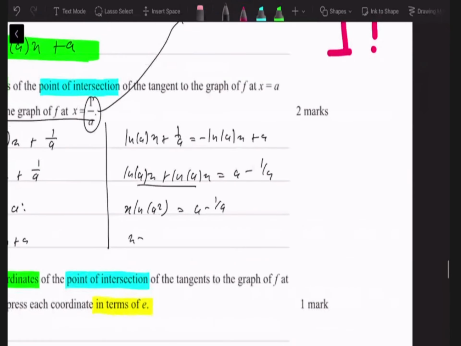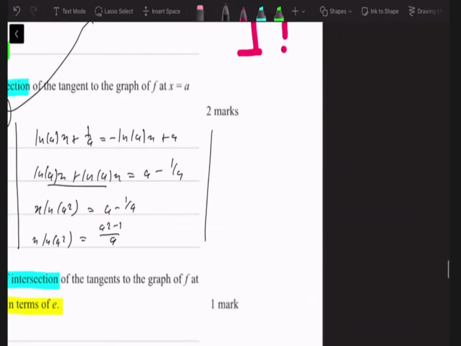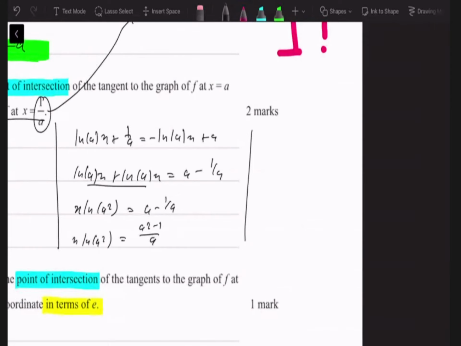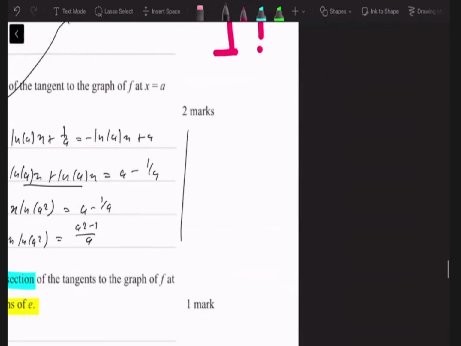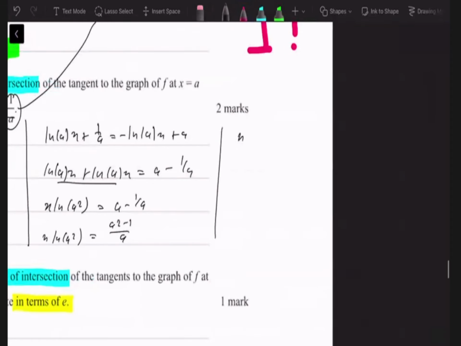And so x is, so ax ln a squared is a squared minus 1 on a. So that means, yeah, so then x is a squared minus 1, a ln a squared.